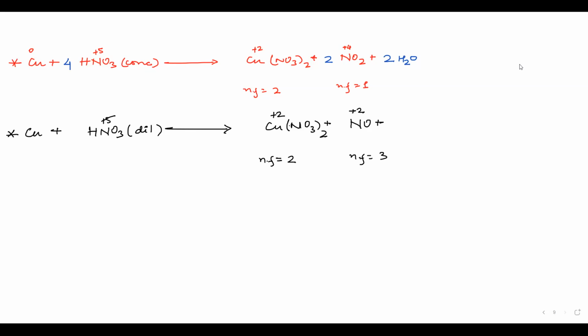So we will write here 3, and we will write here 2. Now we have how many nitrogen atoms? 2 nitrogen atoms from here, we have 2 from here. Now there are 2 into 3 plus 6, and 6 plus 2 is 8. So 8 HNO3, and we have no water molecule as of now, and we have no hydrogen atoms as of now. So 8H will lead us to 4H2O. Okay, copy this fast.